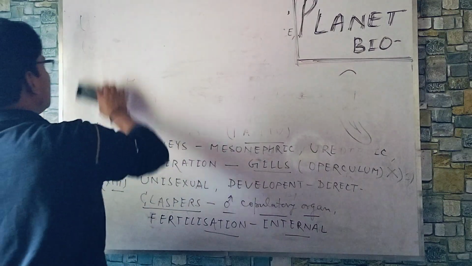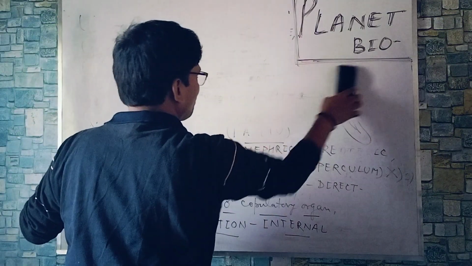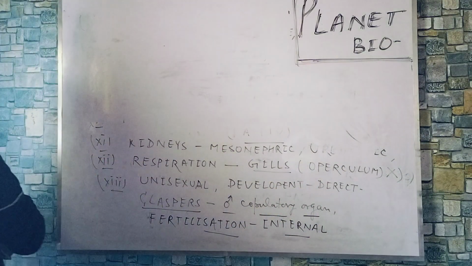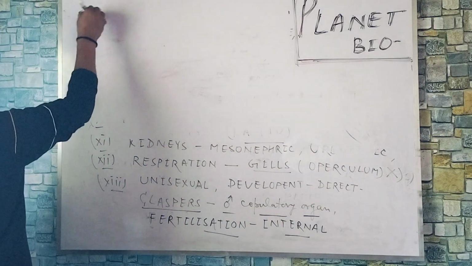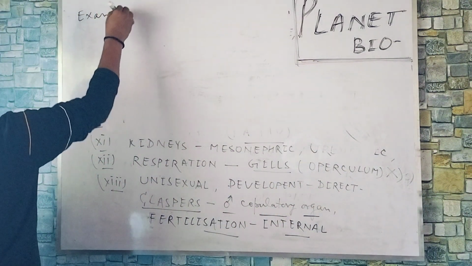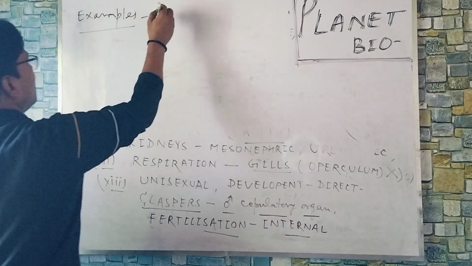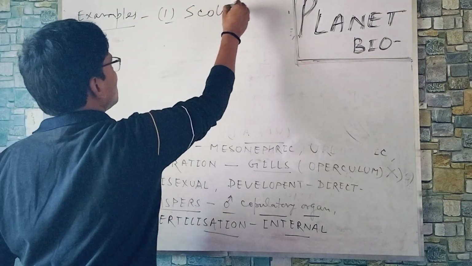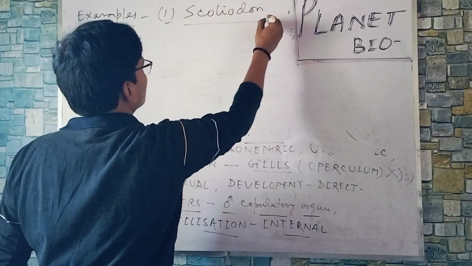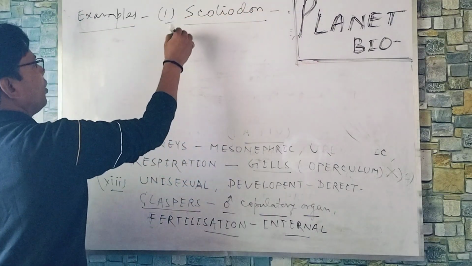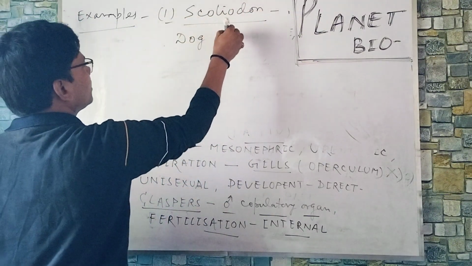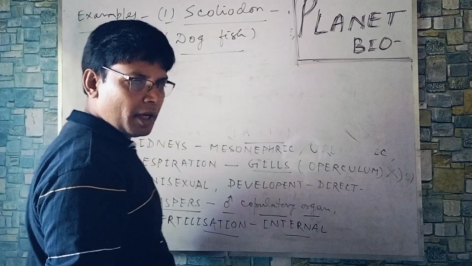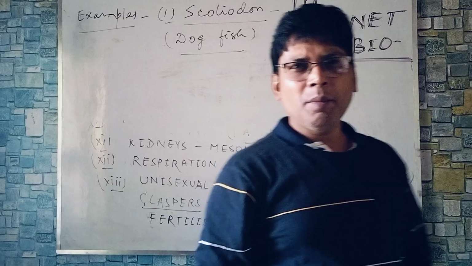First example is very prominent. Examples. First example is Scoliodon, commonly known as dogfish. Then a point comes to our mind that it may be like a dog.